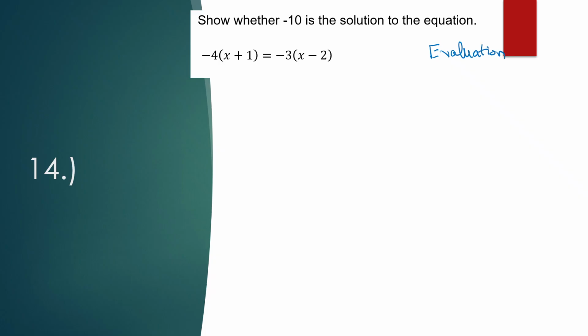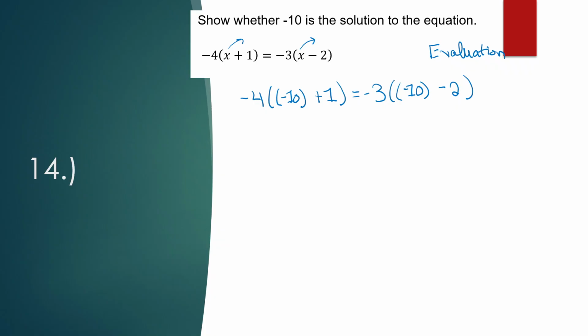Okay, so evaluation, we take out our variable and replace them with parentheses. So negative 4, there's the parentheses where the x was. Negative 3, here is the parenthesis where the x was. Now I substitute in the negative 10, which is the answer that I'm checking.